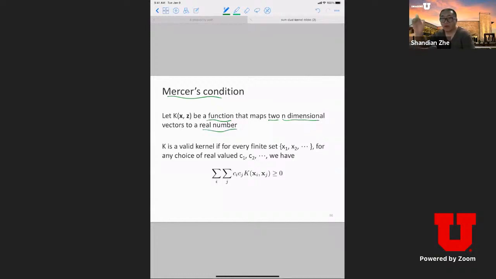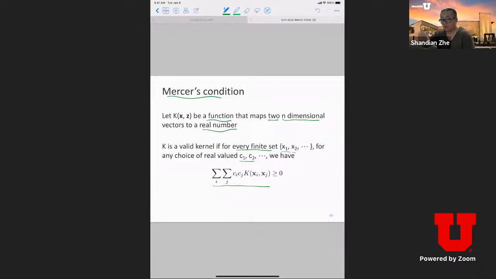So it's an arbitrary bivariate function where the two inputs are of the same dimension. K is a valid kernel if for every finite set x1, x2 to xn, which can be arbitrarily large, and for any choice of real values c1, c2, we have this double summation to be non-negative.